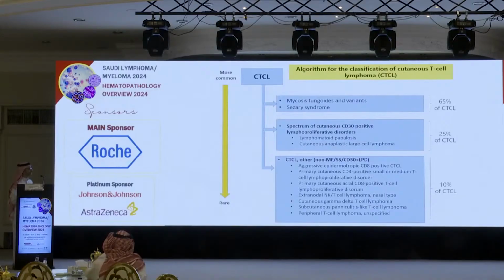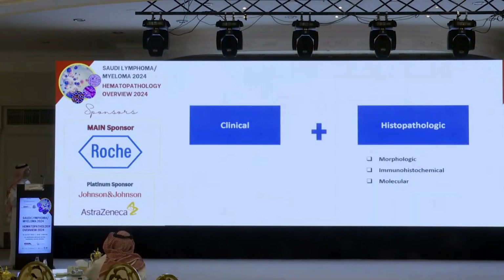Then there is a rare group of diseases representing 10% of the CTCL cases. Some of these forms are aggressive, such as aggressive epidermotropic CD8 positive CTCL, and some are indolent, like primary cutaneous acral CD8 positive T-cell lymphoproliferative disorder. So we'll go through some of these.